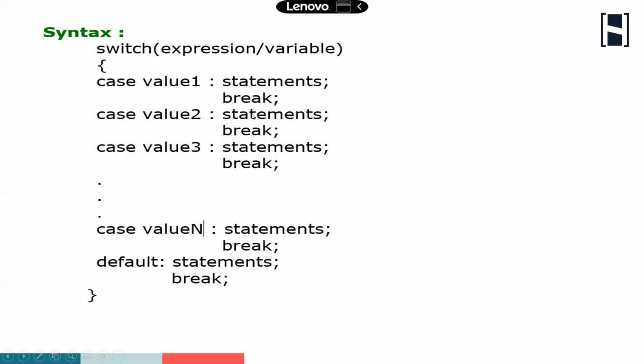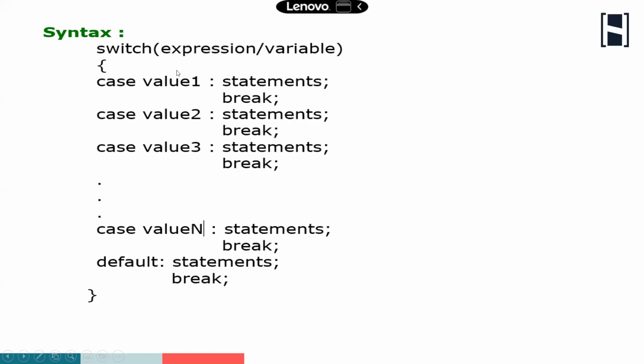Now, point number two, break. What is the role of the break here? Break is a keyword. It is one of the jump statements. What the break is going to do is take the control out of the switch case block, to the statement following the closing of the switch case. For example, my case value and my variable value are getting compared.